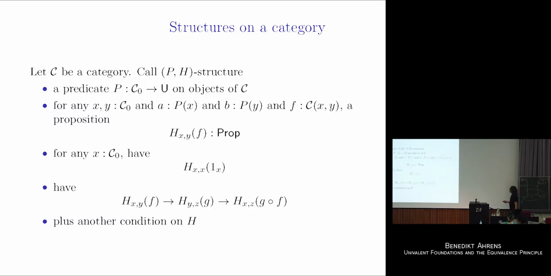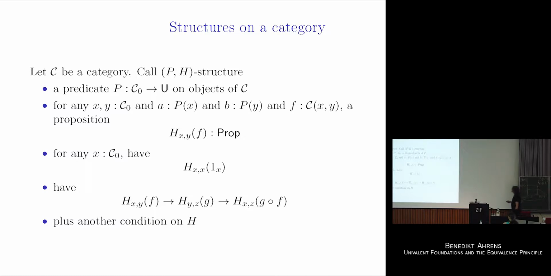More precisely, we consider a predicate P on the objects of C, and given two objects X and Y of C, extra structures A on P of X and B on P of Y, and a morphism f from X to Y, we have a family of propositions H of f. That should be a proposition.